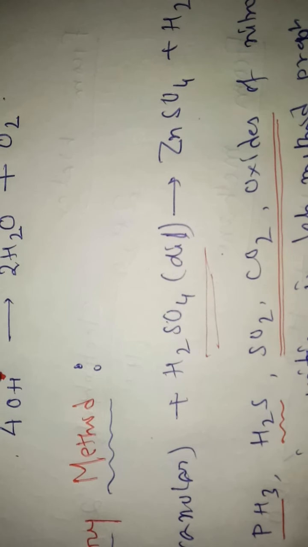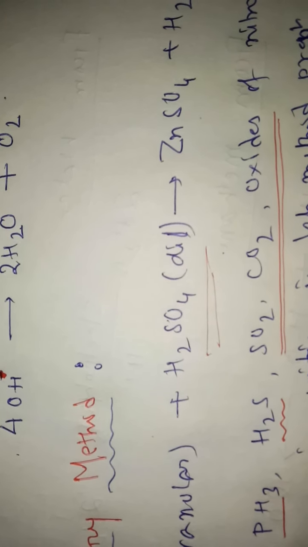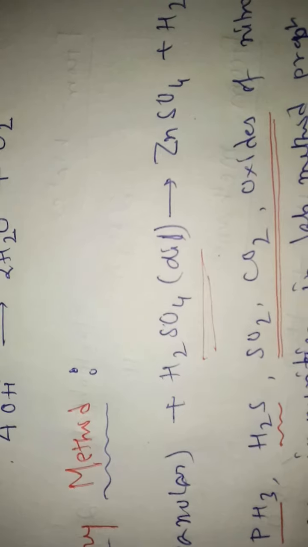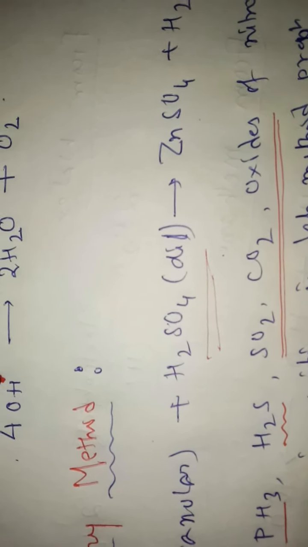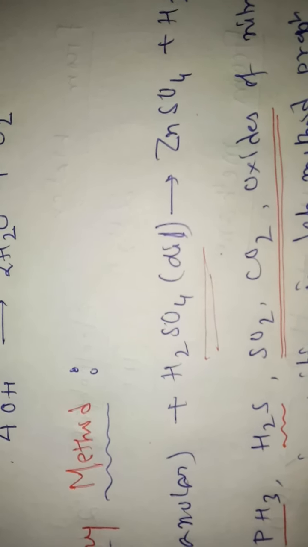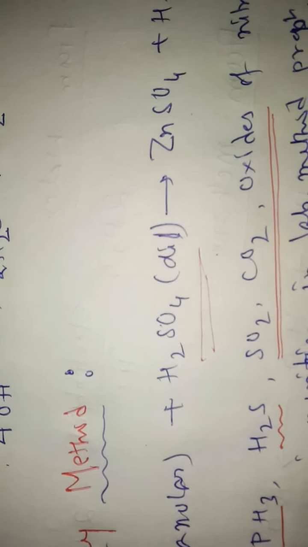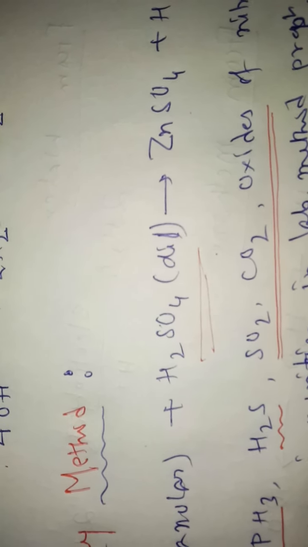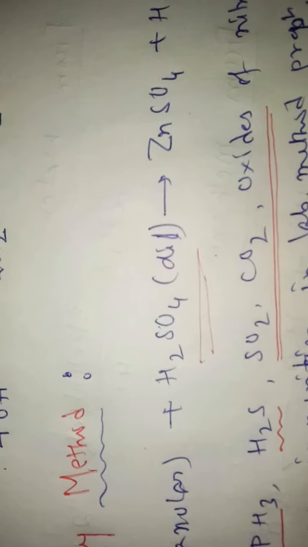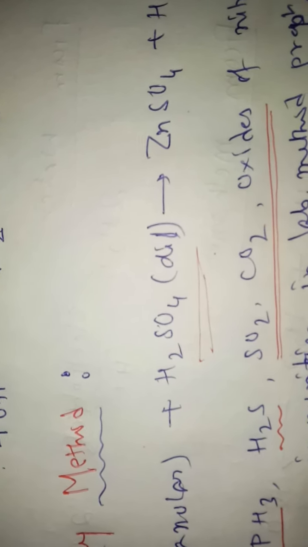If I use nitric acid, it has a double role. It acts as an acid as well as an oxidizing agent. The hydrogen first formed reduces nitric acid and then forms various oxides. So these things cannot be ignored.